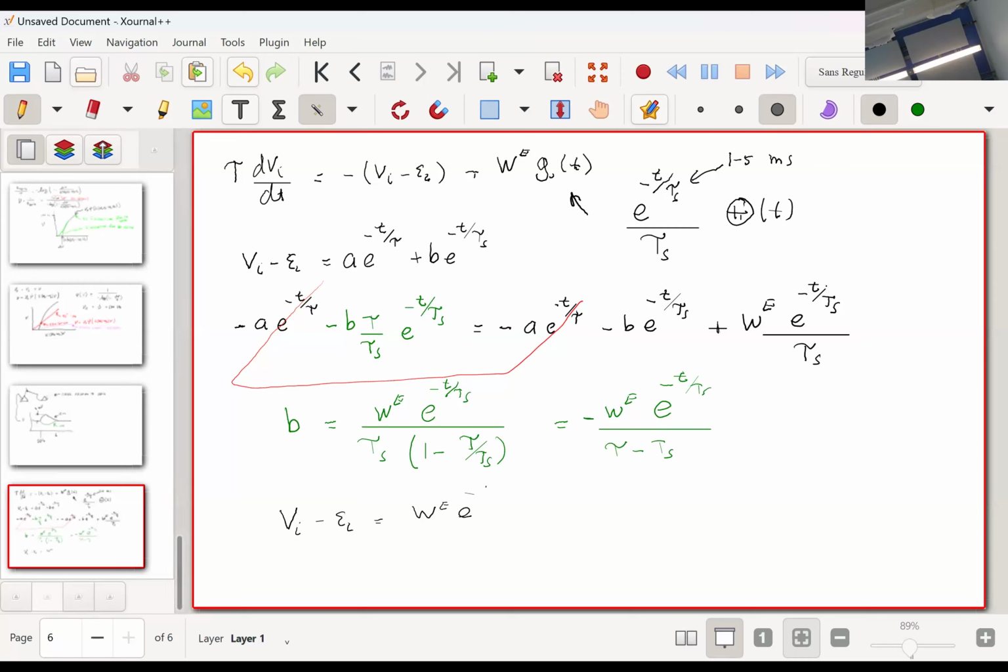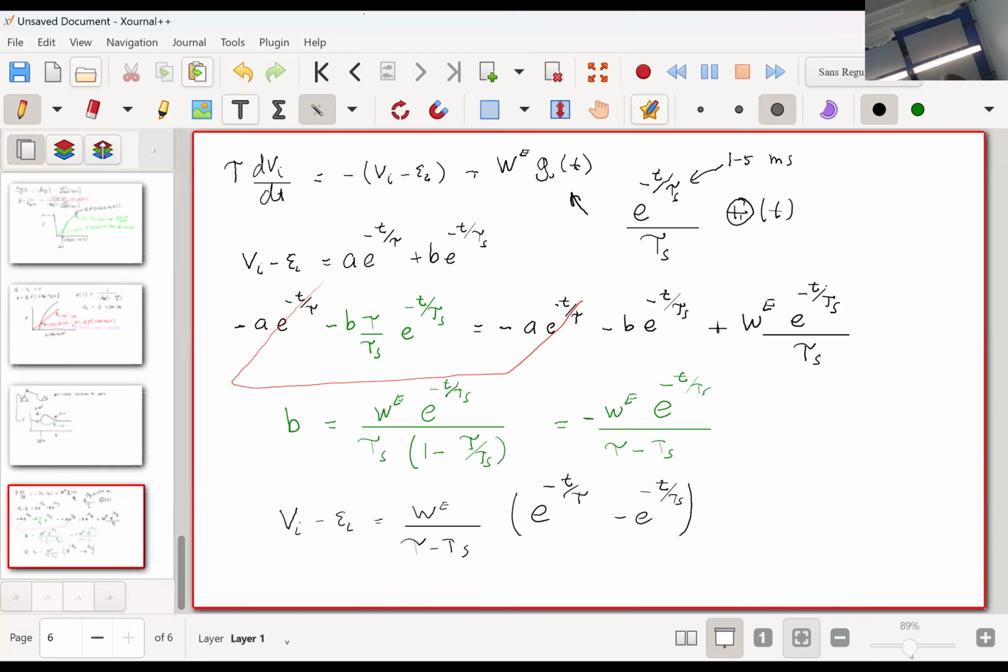e to the minus t, w divided by tau minus tau s times e to the minus t over tau minus e to the minus t over tau s.